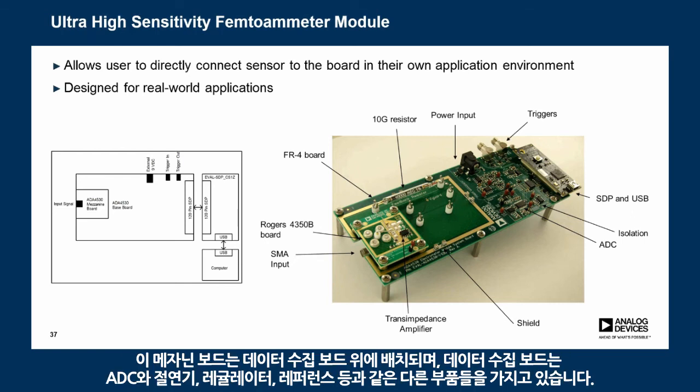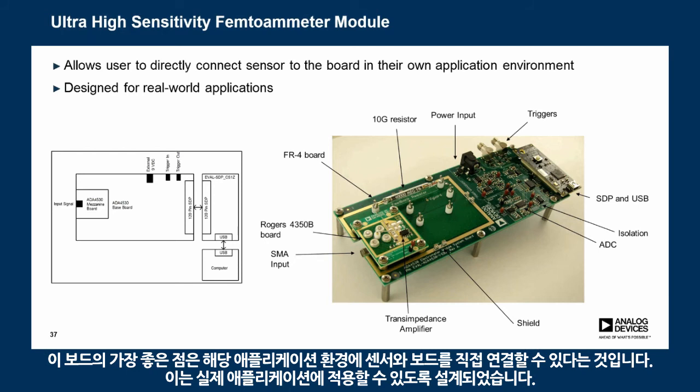The mezzanine board sits on top of the data acquisition board. And on the data acquisition board, we have the other components like the ADC, the isolators, the regulators, the reference, and so on. The very good thing about this board is that it allows you to directly connect the board to your sensor in your own application environment. So it's really designed for real-world application.